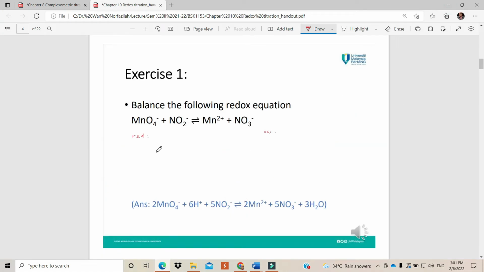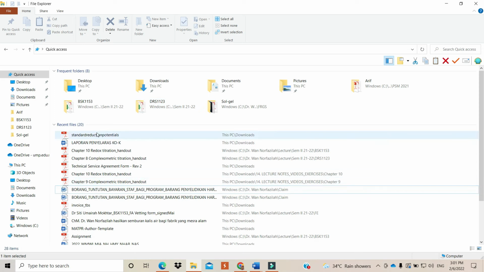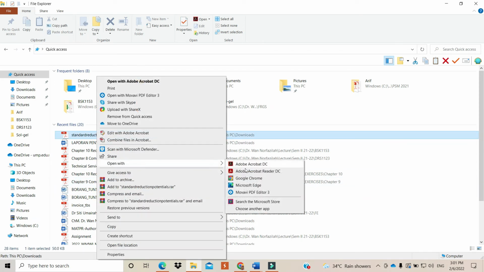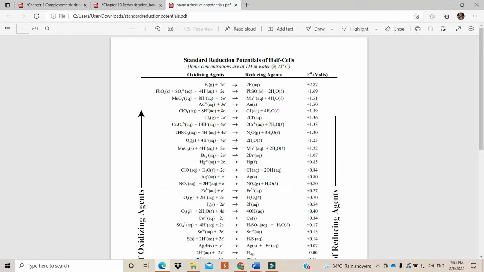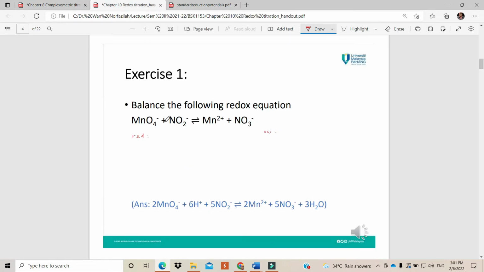So, based on the list given, you need to find the half reaction for MnO4 minus. Make sure in the half reaction, in the standard reduction potential, look back to the exercise given, find MnO4 minus that produces Mn2 plus in the list given.